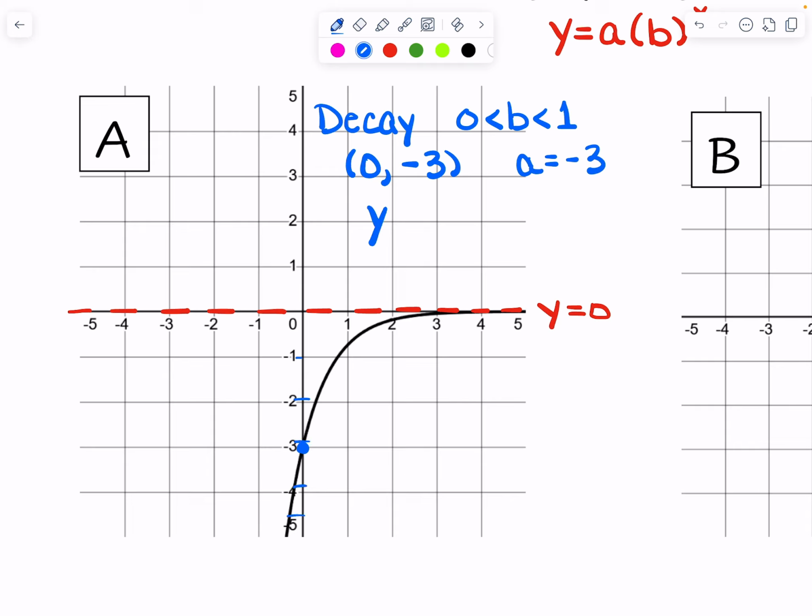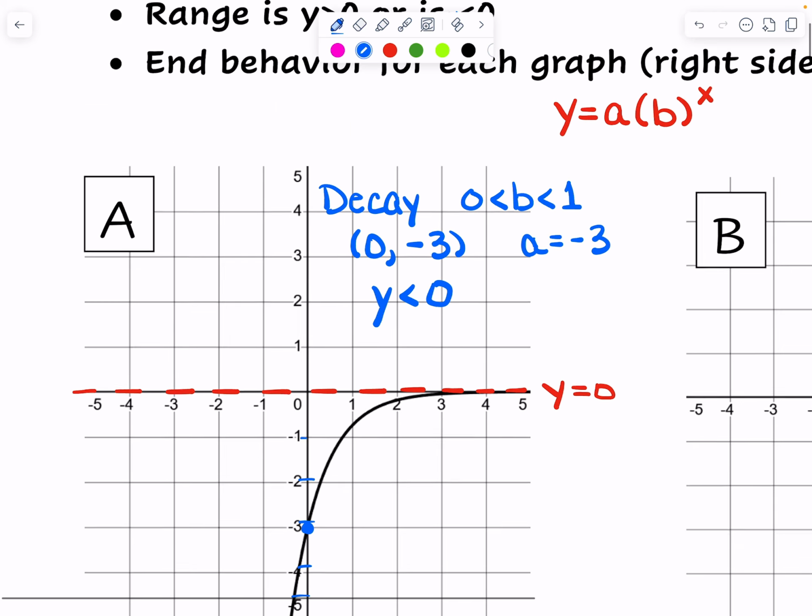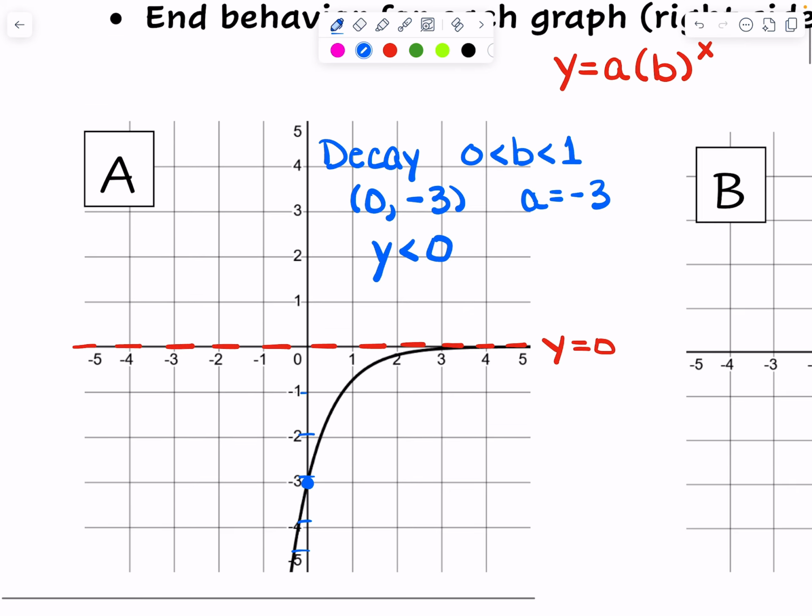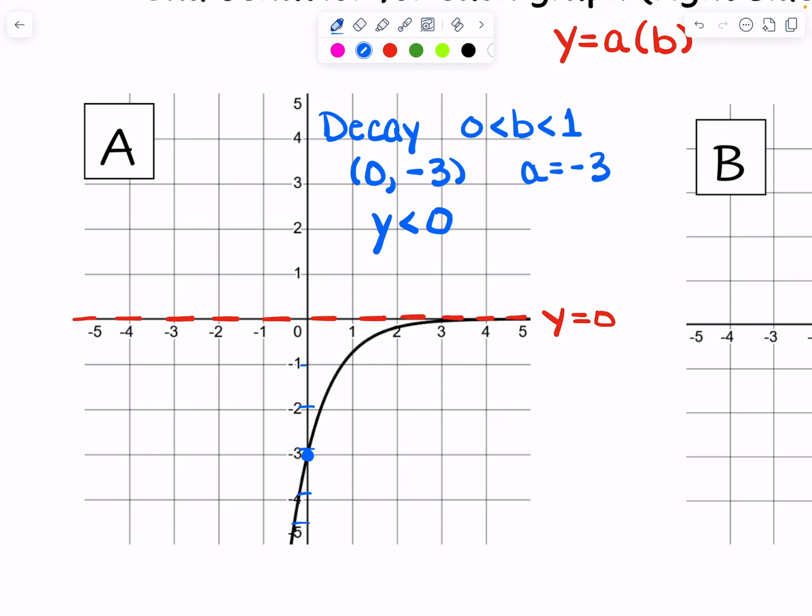So this is where y is less than 0. And the last piece is the end behavior. Since we're reading left to right, I want to know the end behavior of the right side of the graph. The right side is going right towards positive infinity, and it's going up, but it's only going as close to 0 as it can without touching 0.